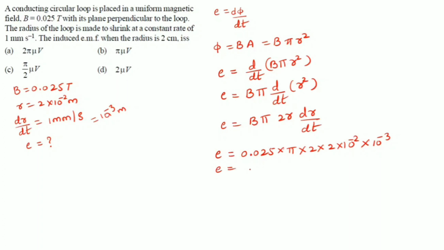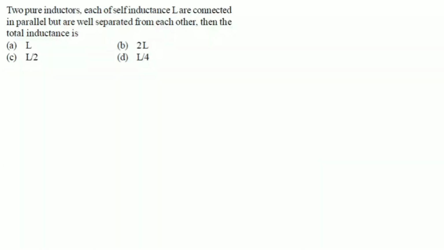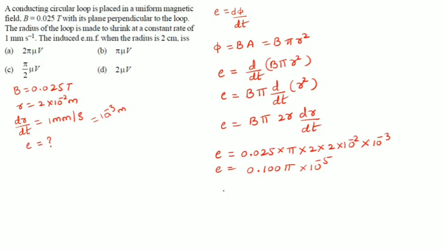So E equal to 0.100 pi into 10 raised to minus 5, or we can write it as 0.1 pi into 10 raised to minus 6 volt, or E equal to pi microvolt. So the right answer is pi microvolt, that is option B.